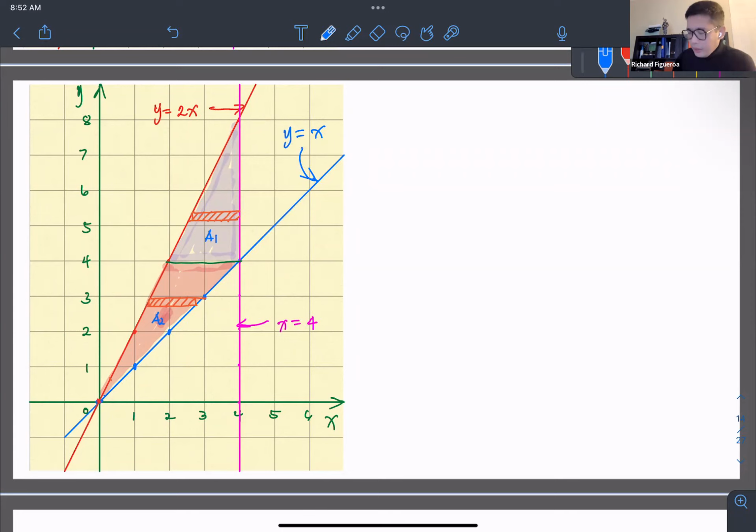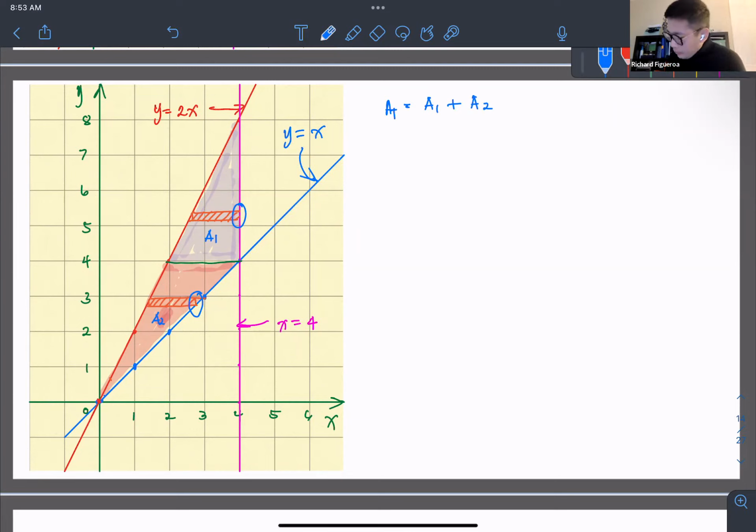Kasi for the area 1, the left function is the pink one. For the area 2, the left function is the blue one. So there is a change on the function. So therefore, I need to consider that. Kaya in finding my area, the total area, I need to find what's the area 1 plus what is the area 2. And pag-add ko lang sila.